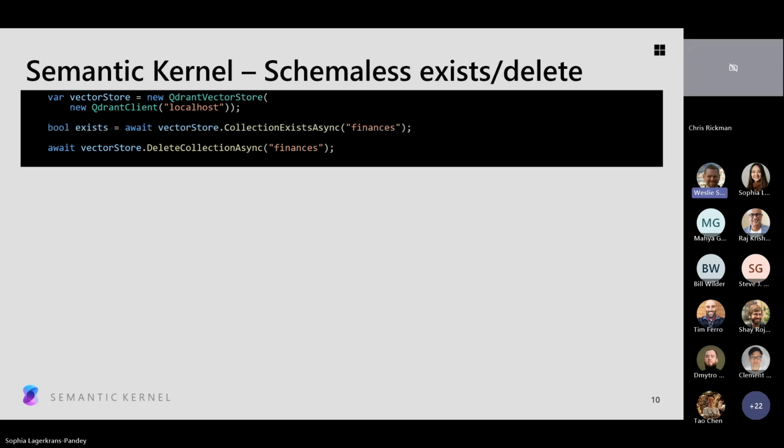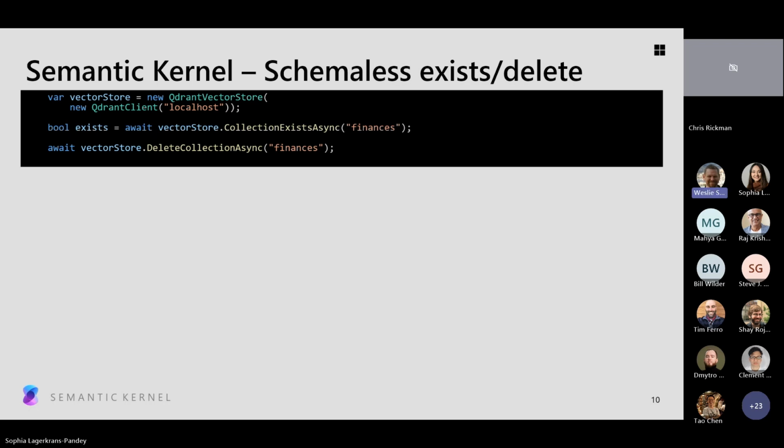The collection exists and delete collection methods are, of course, still also on the collection itself. We're not removing those. Before I continue, any questions on this? Should be a simple one anyway, so I'll keep going, and I just wanted to show one final thing quickly.